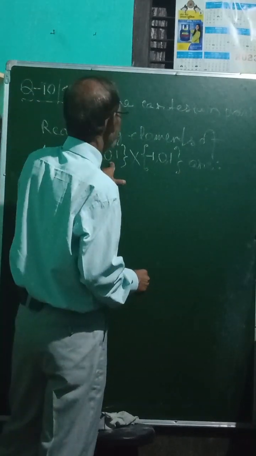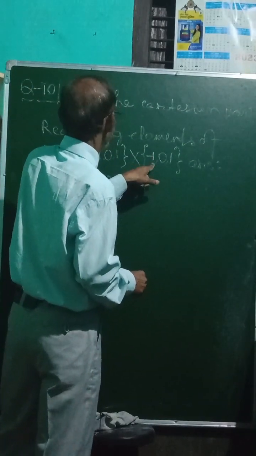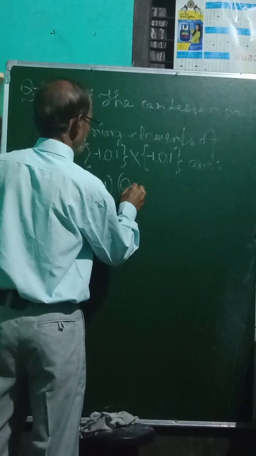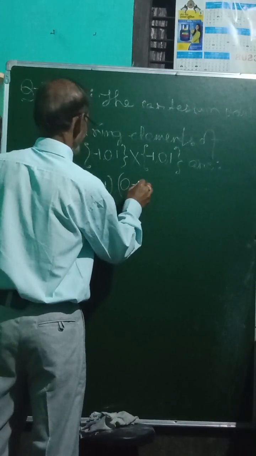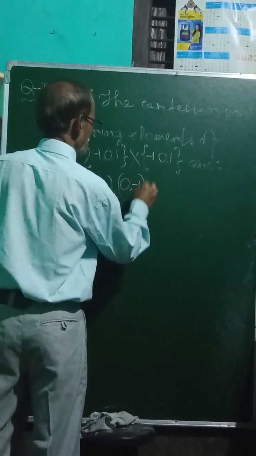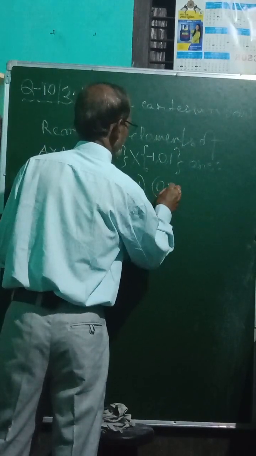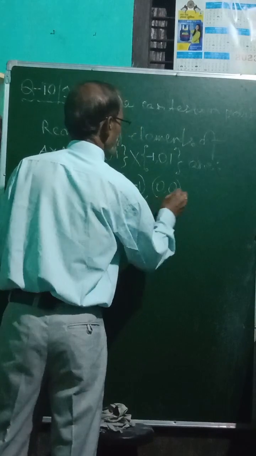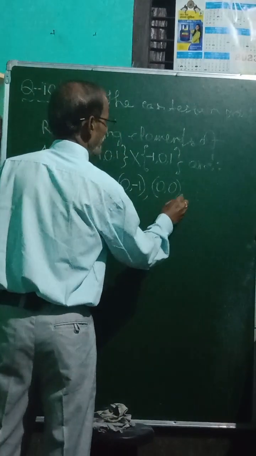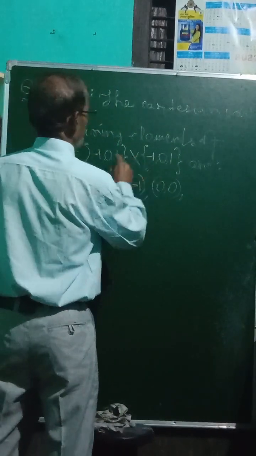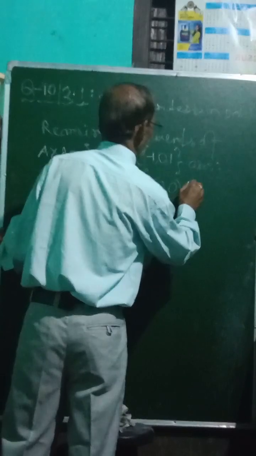Again 0 first element: (0, -1), (0, 0), then (0, 1). (0, 1) was given, so leave it.